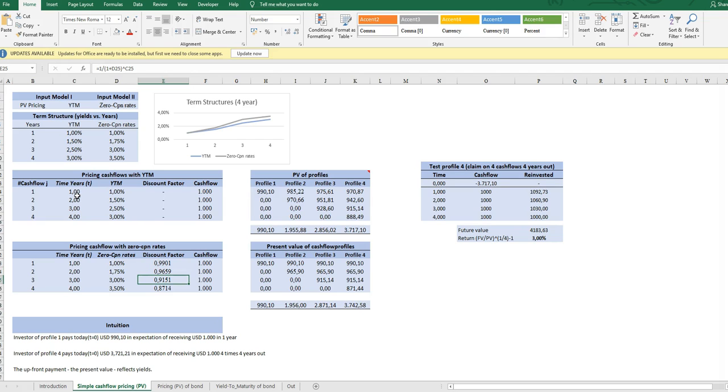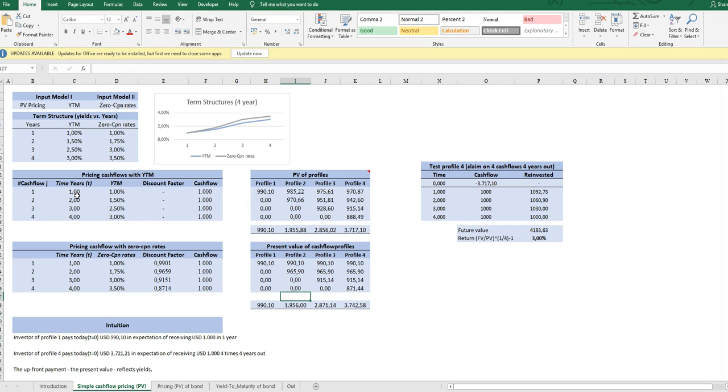So this is the price for this cash flow today, and this is why we can easily just calculate the total cash flows for each profile like this. Take for instance profile 2, we discount the first year with the discount factor, we discount the second year's 1000 with the discount factor for that year.